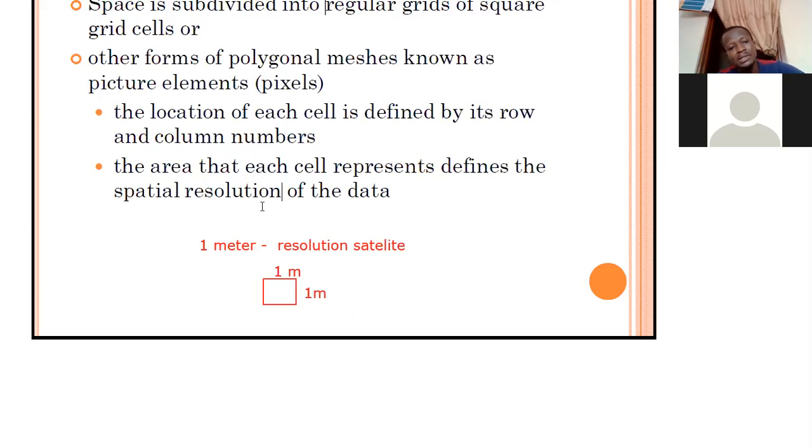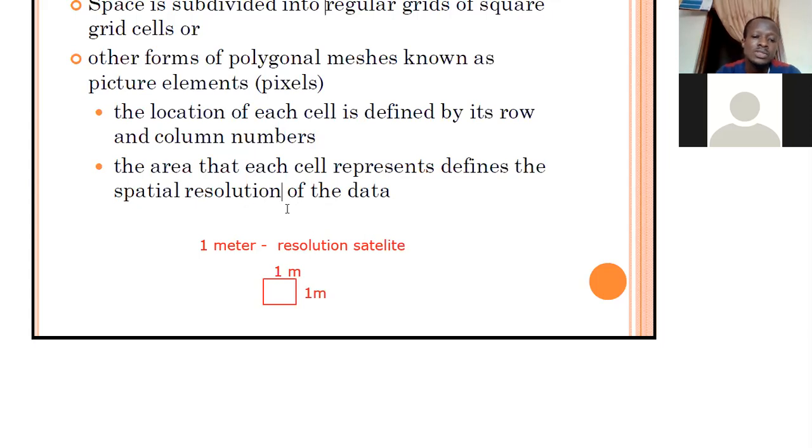Because the area that each cell represents defines the spatial resolution of the data. Not only that, we will find that there's a generalization that is done. We look into the squares and say, what is here? We find some water, and we decide that we think it's water.